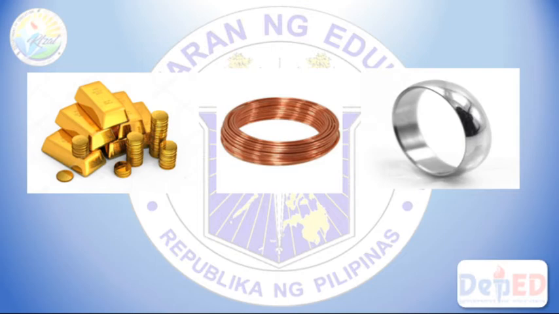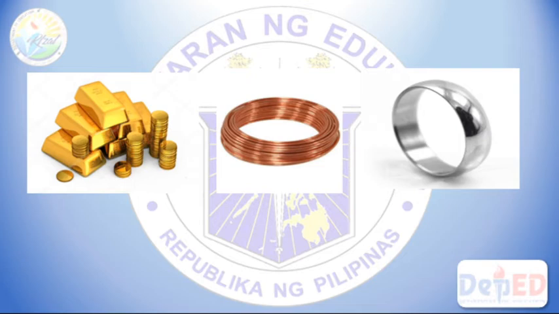So if you cut a portion of silver into smaller pieces until you would come to the smallest part, this cannot be subdivided. This smallest particle of matter that cannot be subdivided is what we call the atom. Do you still remember what atom is? Very good.